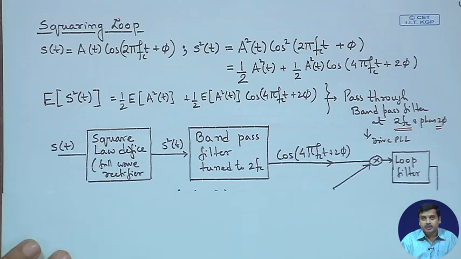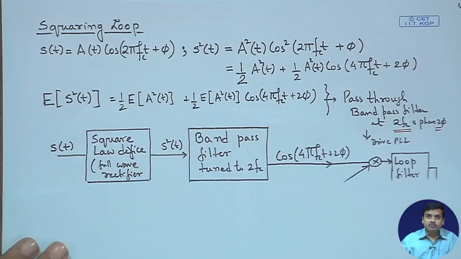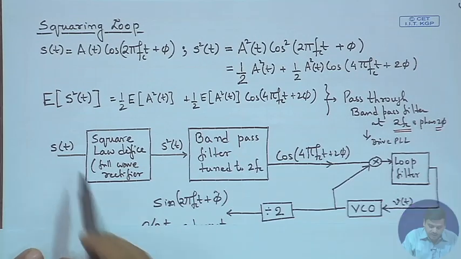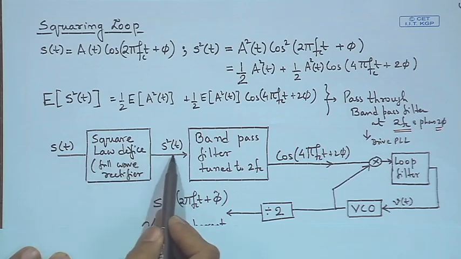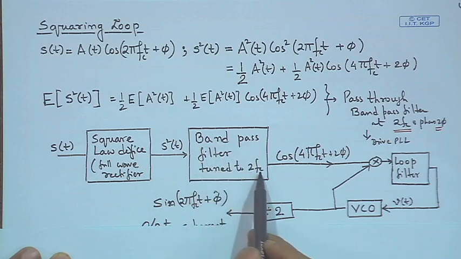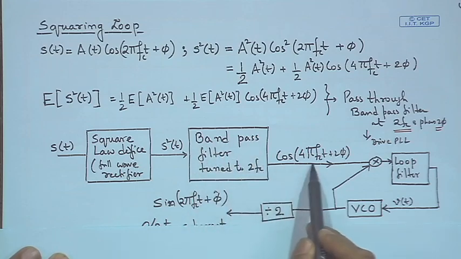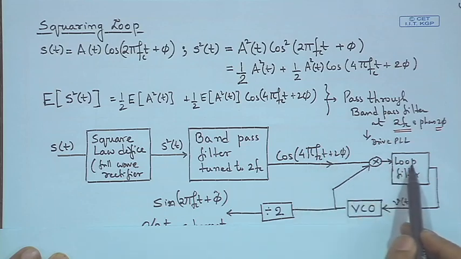This is one of the simplest carrier recoveries, but of course, it requires a PLL, and what we had seen before is the realization of a PLL. So, you have s(t), pass it through a square law device, it produces A squared(t), pass it through a band pass filter tuned to 2 f_c. You get cos(4 pi f_c t + 2 phi), and then pass it through a loop filter.